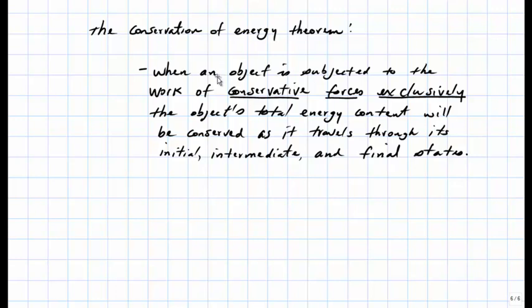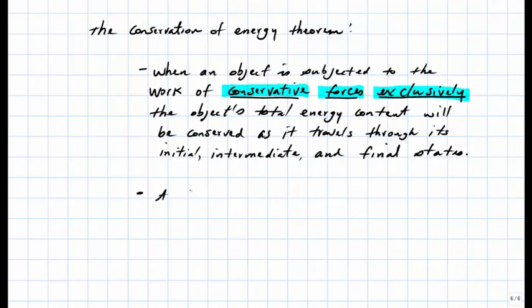Now there's an inherent condition that's built into the conservation of energy theorem. Namely, the object must be subjected to the work of conservative forces exclusively. And in order to understand this condition, we will introduce the definition of a conservative force.